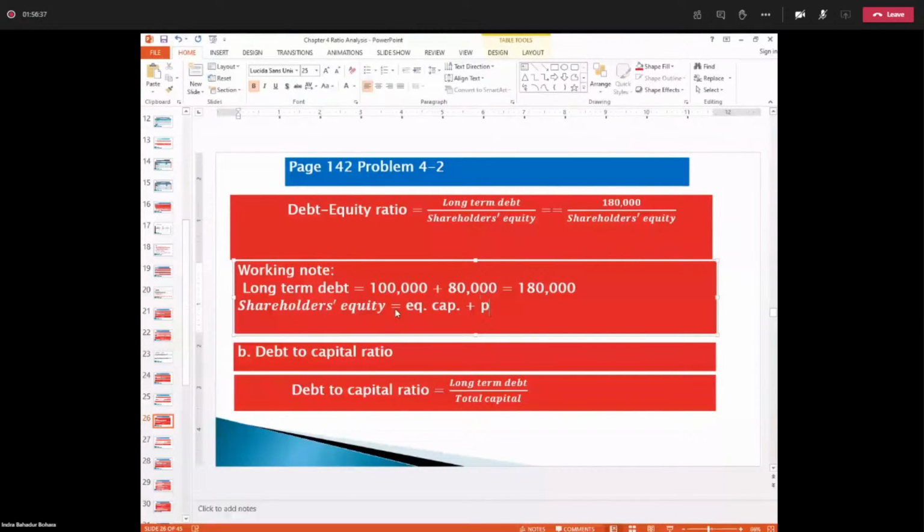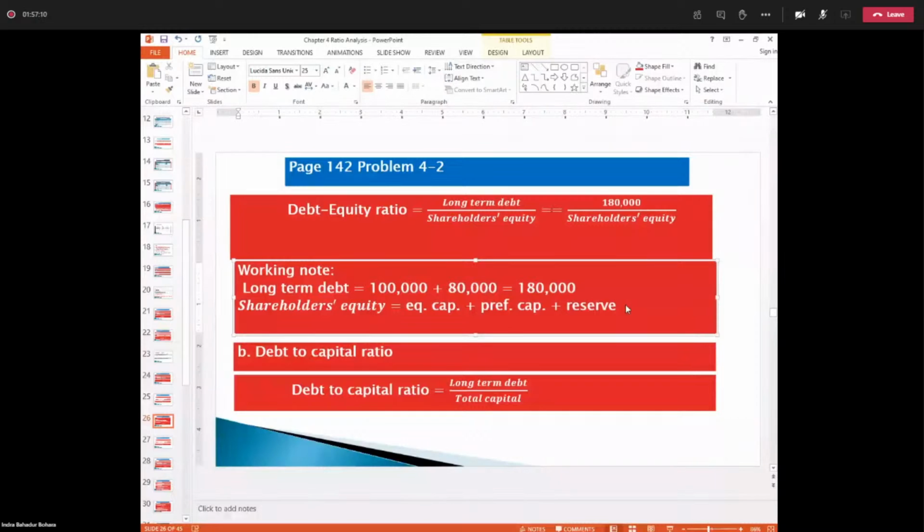Similarly, the PL account: if you are given a PL account credit, it is retained earnings. If you are given a PL account debit, it is accumulated loss, which should be compensated by the shareholders, so that should be deducted.